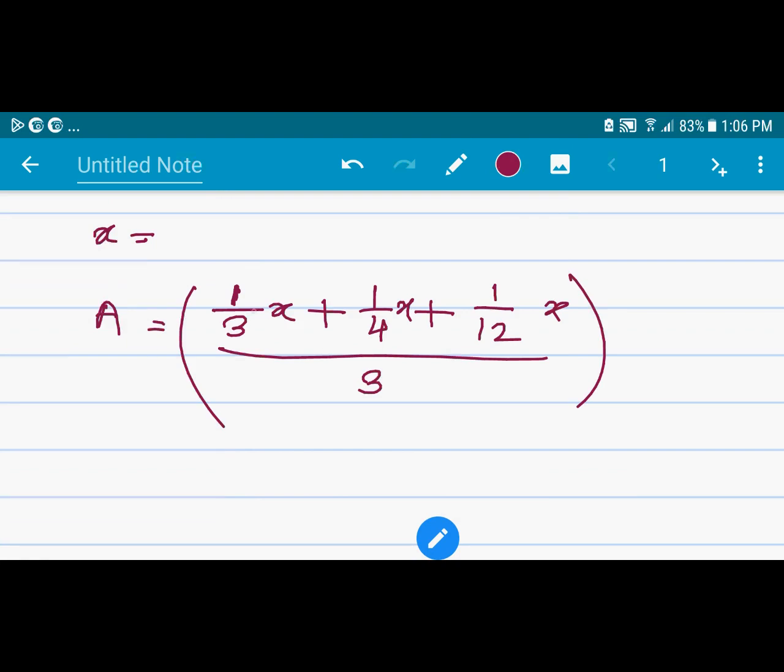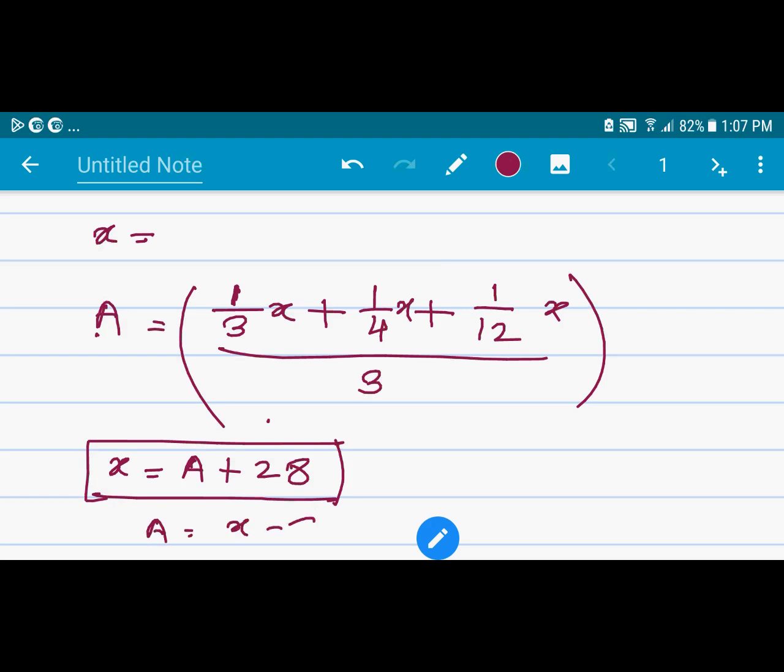And if we find the average of these three numbers, this average is 28 less than x, or x is greater than the average by 28. So our equation is x is equal to a plus 28, or a is equal to x minus 28.